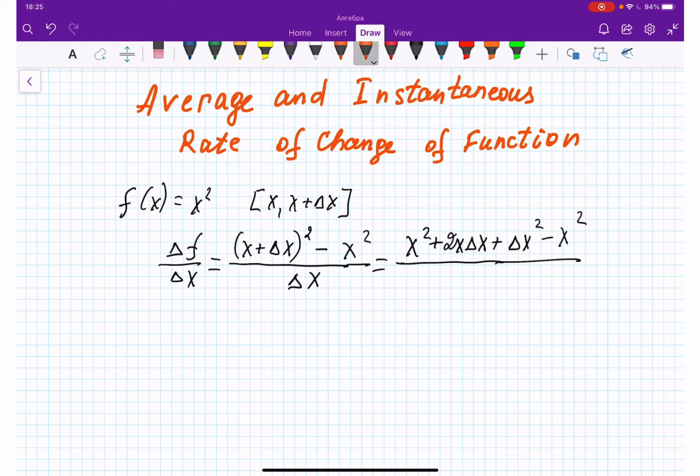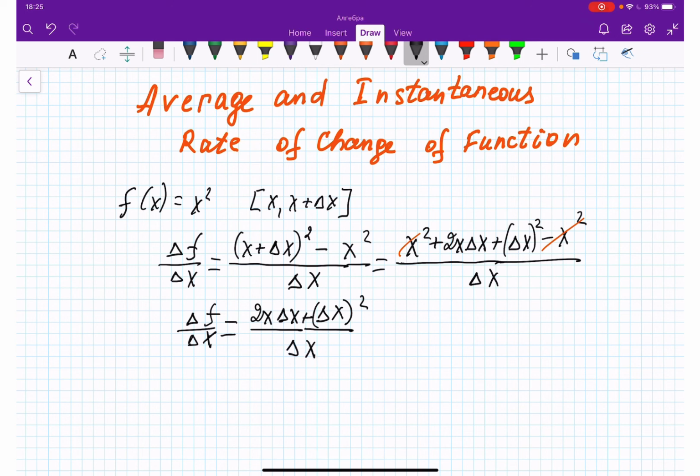So from here, x squared is gone, and we are getting delta f over delta x, and the result is 2x delta x plus delta x squared, divided by delta x.